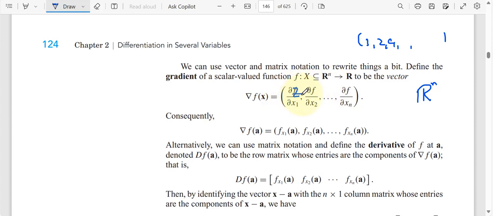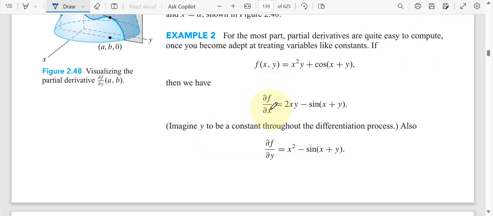Actually, we saw that each of these is a function. Let's just go back and check that. So here, the partial of f with respect to the first input variable, that would be x1 in the notation we were just looking at. But here we're calling it x and y. So instead of x1 and x2, we're calling it x and y. But anyway, the partial of f with respect to the first variable is not a number.